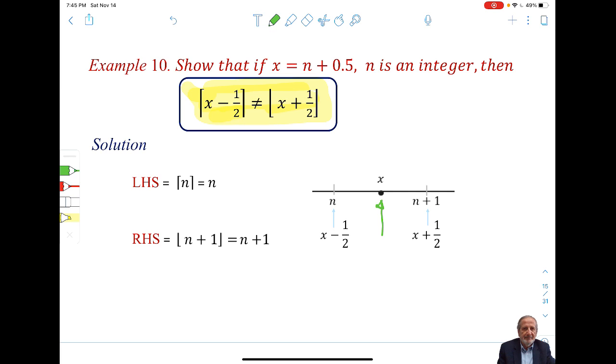When you add 1/2 to it, you get to this point. And when you subtract 1/2 from x, you get to this point here. And obviously now the ceiling function of this is n, and the floor function of this is n plus 1. So they're not equal.